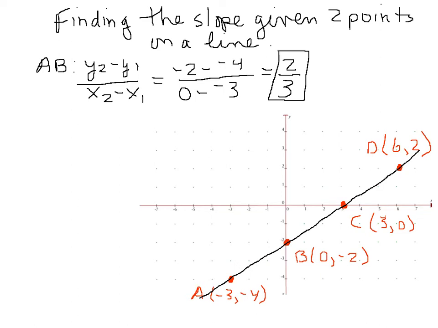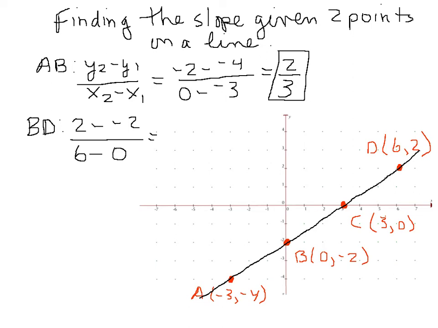But what we can do is check it with another 2 points. So let's check it, say, with B and D. If I use B and D and I subtract, it's going to be the change in the y values, which is 2 minus the y value on B, minus 2, over the difference in the x values, which is going to be 6 minus 0.